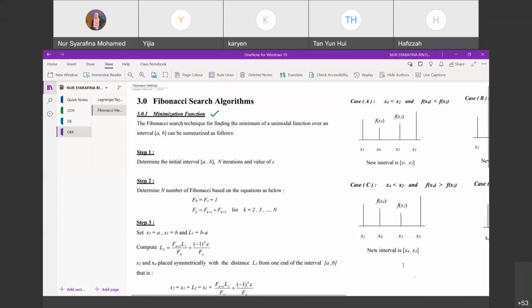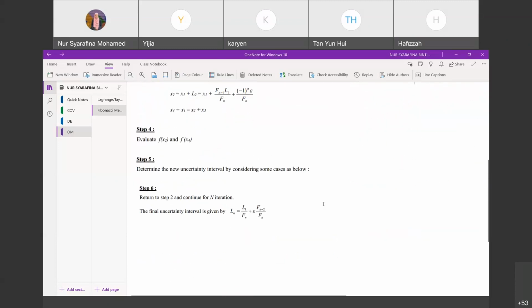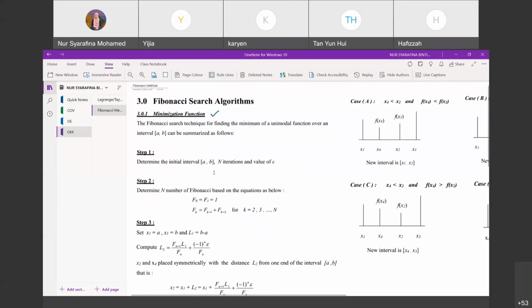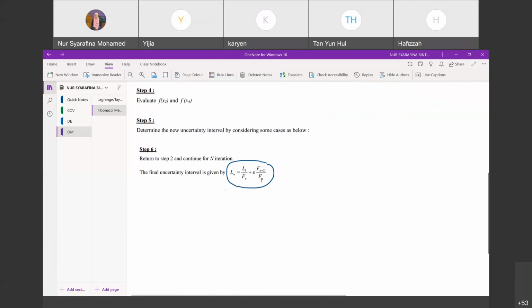Now let's take a look at the Fibonacci stopping criteria at step number 6. The number of iterations n is determined by this, where when epsilon is too small, approximately 0, then we have Ln equals L1 over Fn.